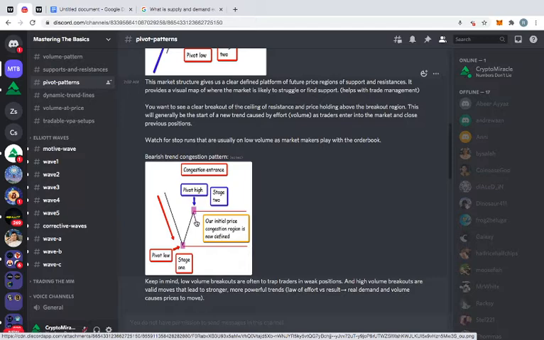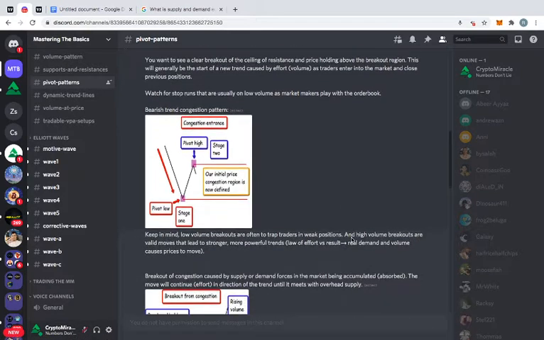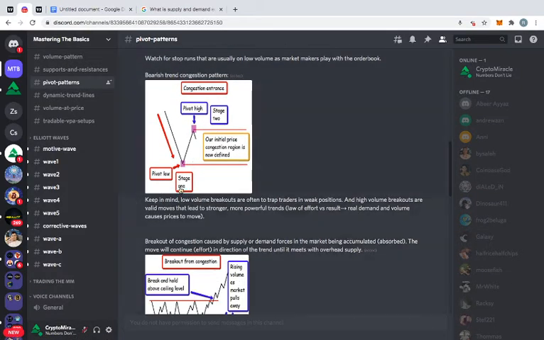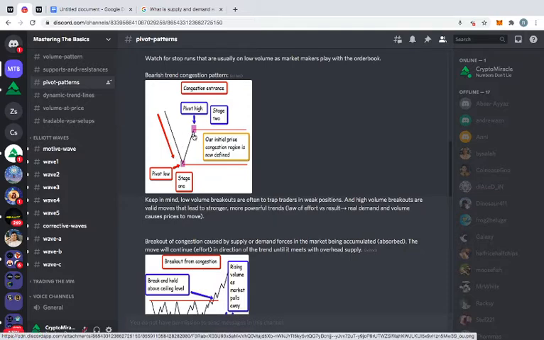And what do you think happens next? It's a short squeeze once these guys have to cover, and if the bulls are strong enough to keep the 50%, these guys are definitely going to get wrecked. They're going to get wrecked. Especially if there's a lot of volume, right? That just means there's a lot of shorts opening in the market.